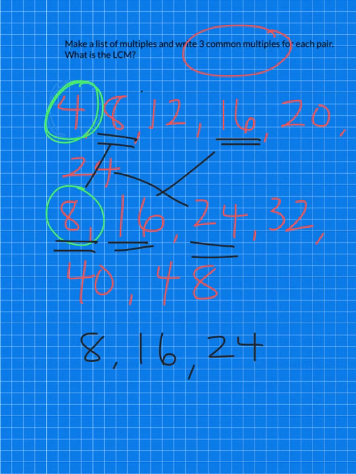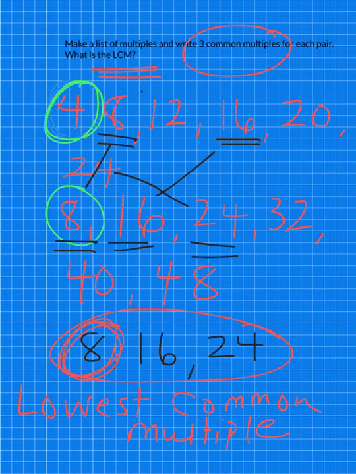Now, when the question asks you what is the LCM, the LCM stands for lowest common multiple. Out of these 3, 8, 16, 24, lowest means the least, the smallest number, and that smallest number is 8. So the LCM, or the lowest common multiple, is 8.